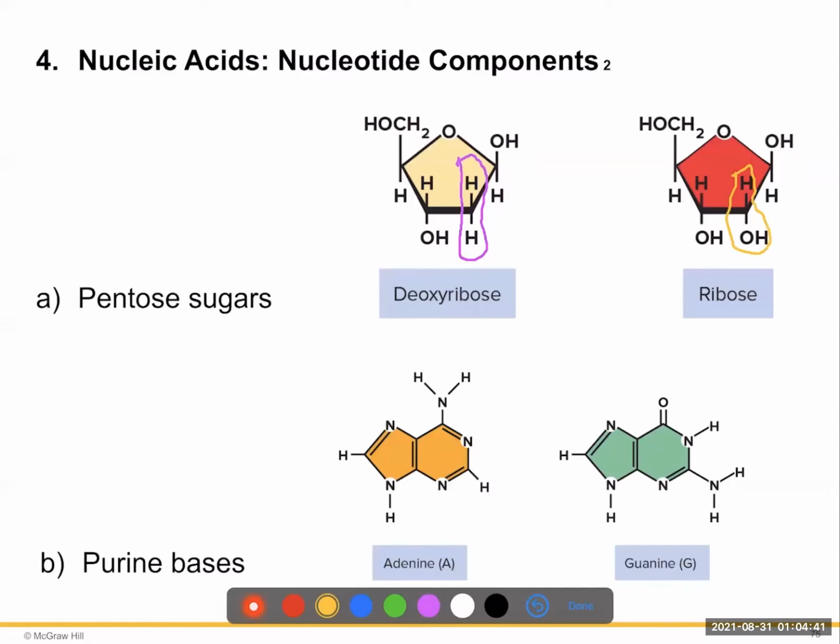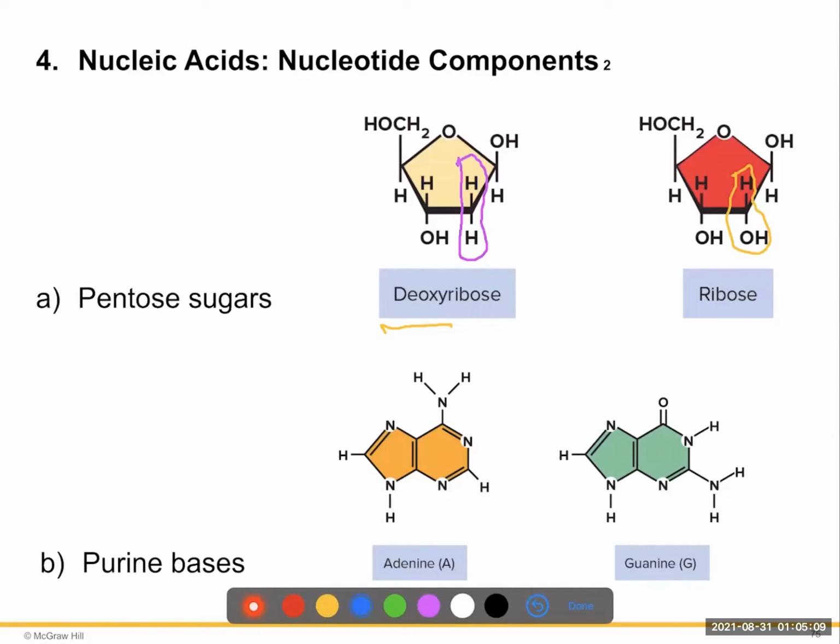In the deoxyribose, the OH is missing. You're missing an oxygen. So deoxy, no oxygen at that one point. So the number 4 carbon is missing an oxygen. It's deoxyribose. The other one is ribose. That's where you get the name from. Does that make sense?